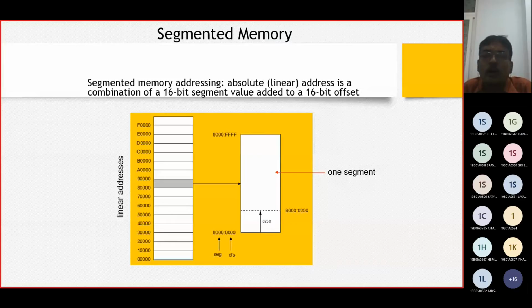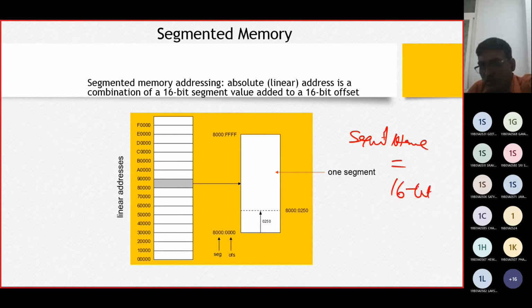Now, this is one more way of putting things. Every segment will have linear addresses, the memory addresses. To calculate these linear addresses, we have the segment base, or segment main virtual address, you can call it.